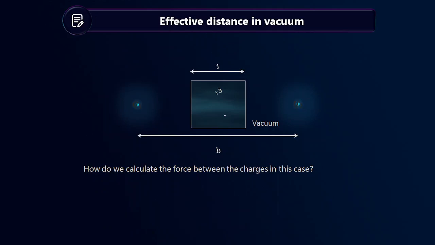Now, suppose there are two charged particles, having charges, let us say, q1 and q2. In between them, some part is vacuum and some part has one medium. Due to this medium, we want to find the net electrostatic force acting between the charged particles. So how do we calculate the force between the charges?